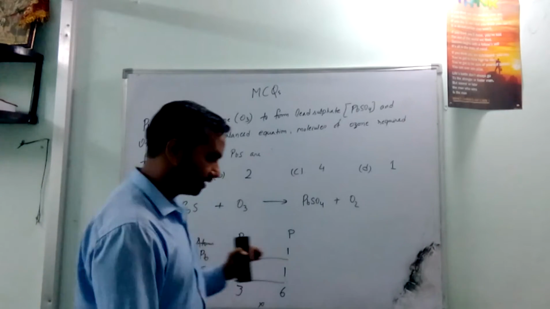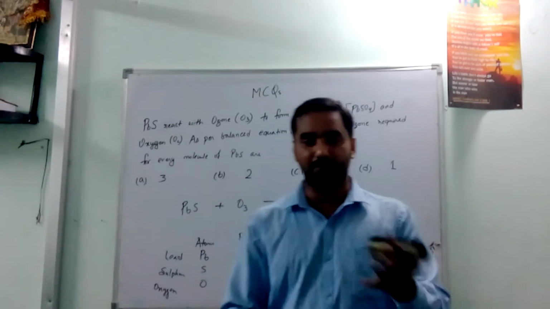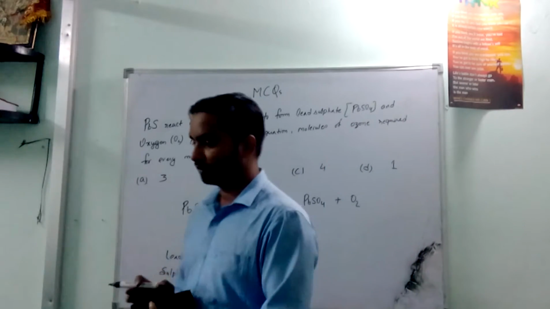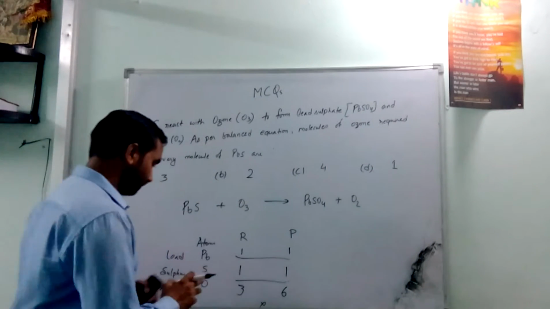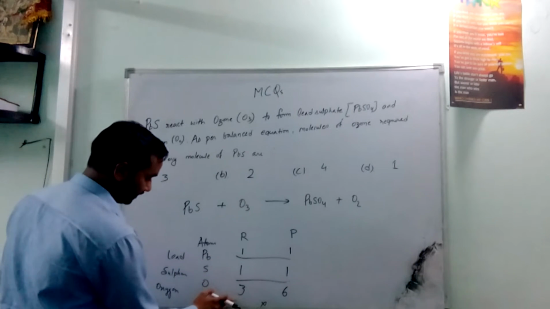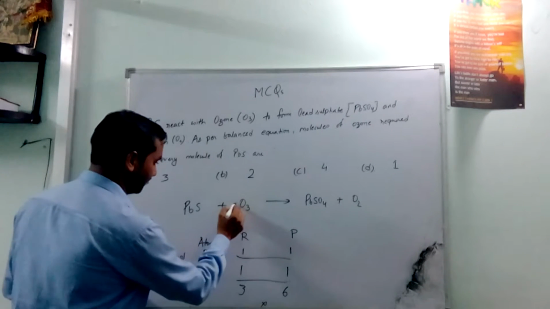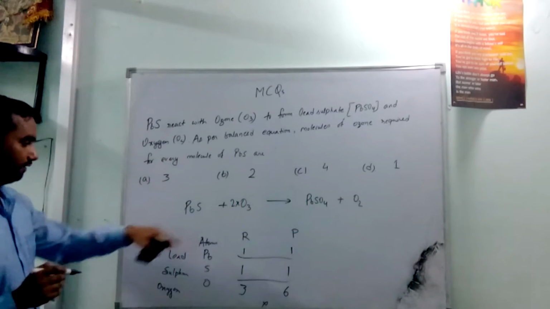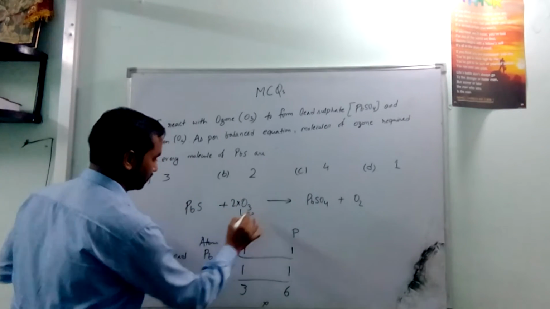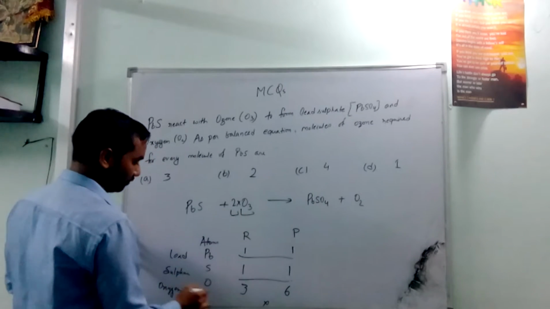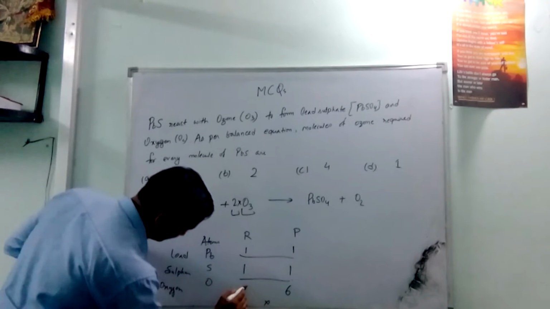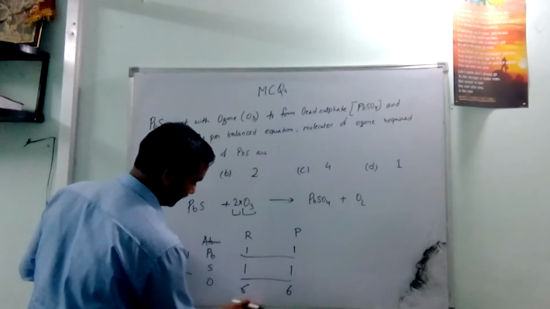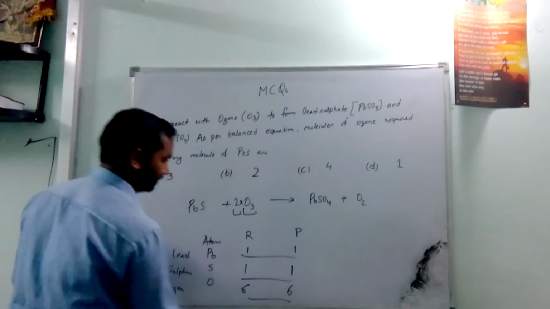To balance this equation, what can we do? We can multiply any part of the equation to make it balanced. We can see that there are 3 oxygen in the reactant. So if we multiply the ozone, O3, by 2, we will get 6 oxygen, and this will make the equation balanced.